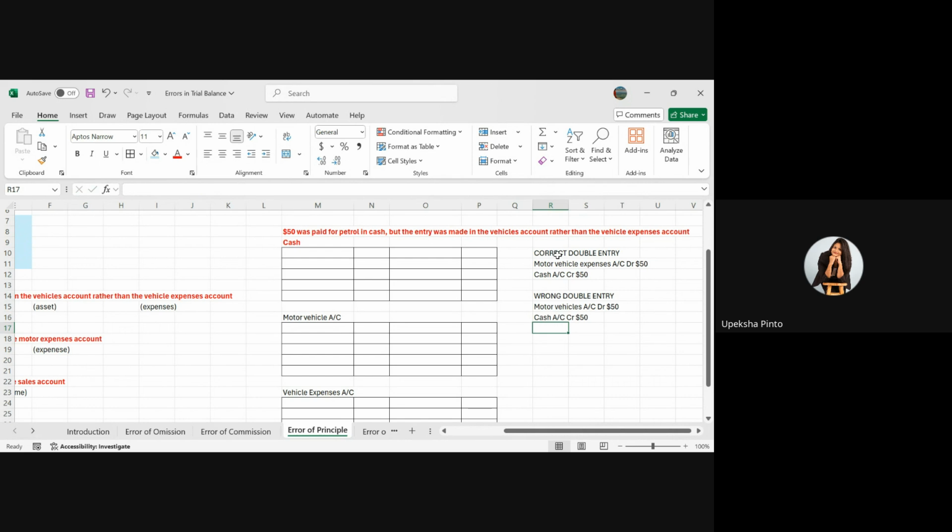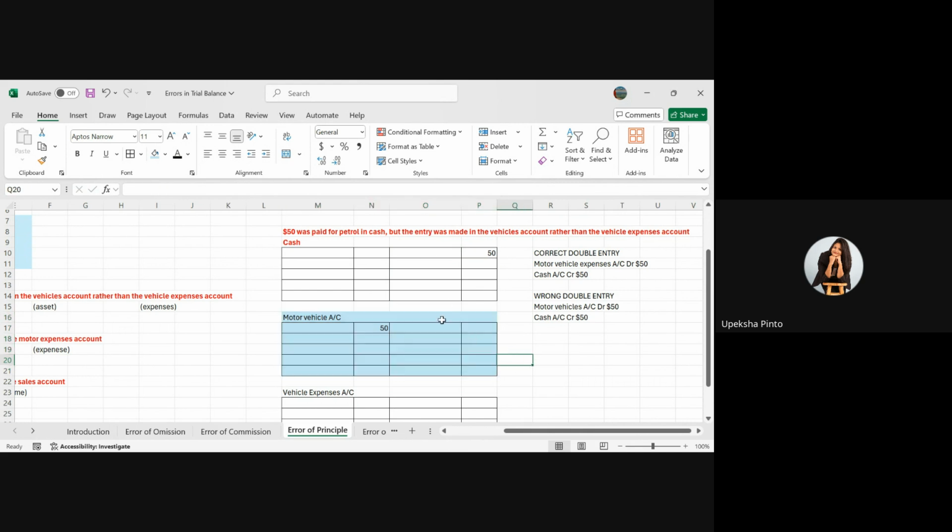Then how do you correct this? I must first of all record the wrong double entry. So motor vehicle I have debited by 50 and cash I have credited by 50, right? This is my wrong double entry. So what is my wrong account here? The motor vehicle account is wrong because I should not use the motor vehicle account, because it's not a motor vehicle.